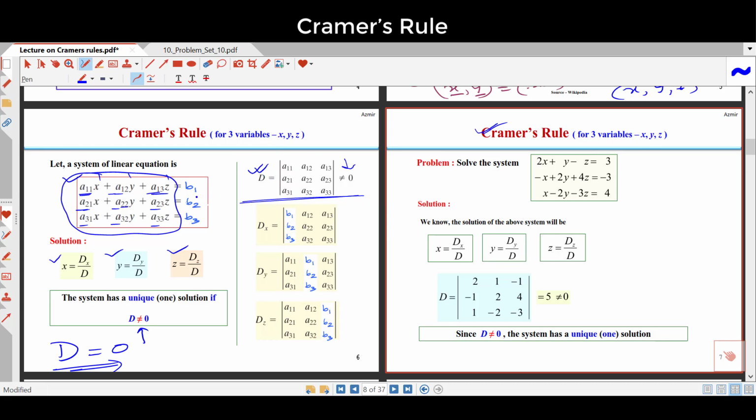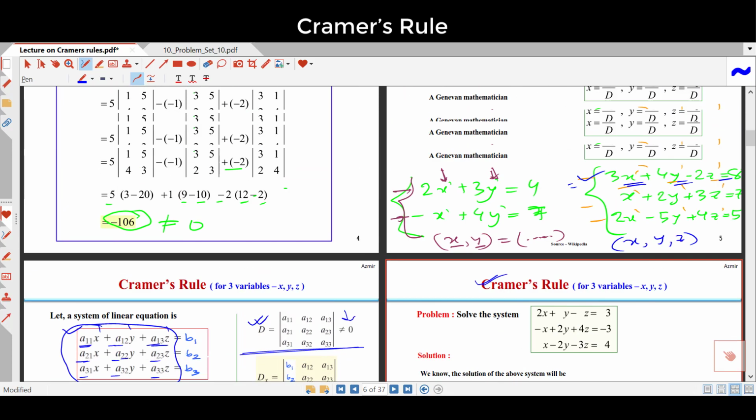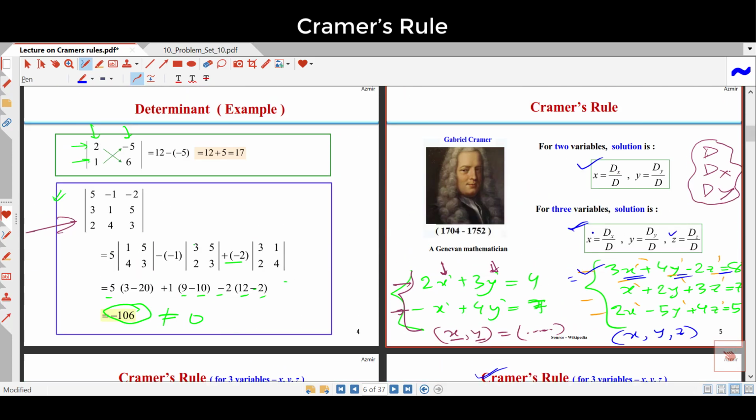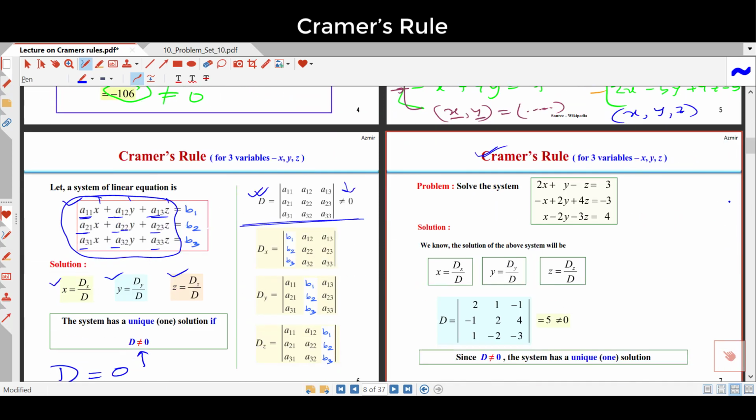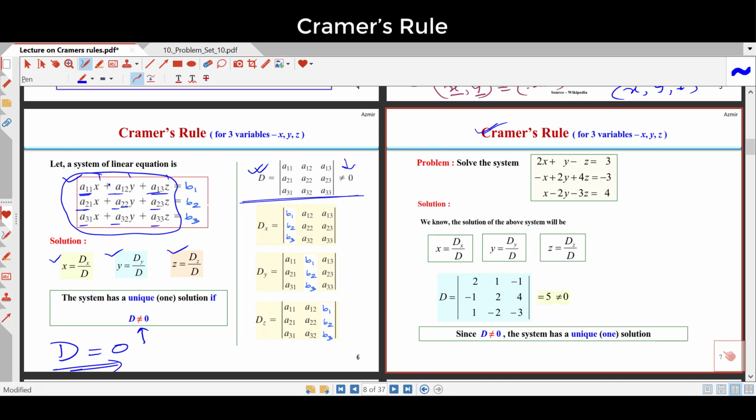So our target is to know what is D, D sub x, D sub y and D sub z. You already understood what is D. D is the determinant of the left side coefficient matrix. What is D sub x?